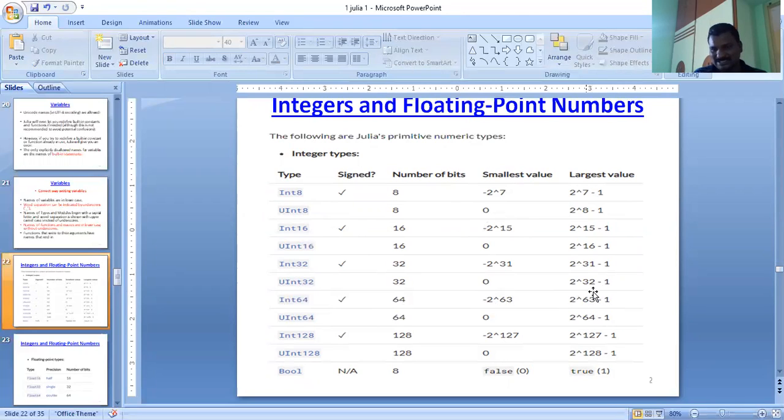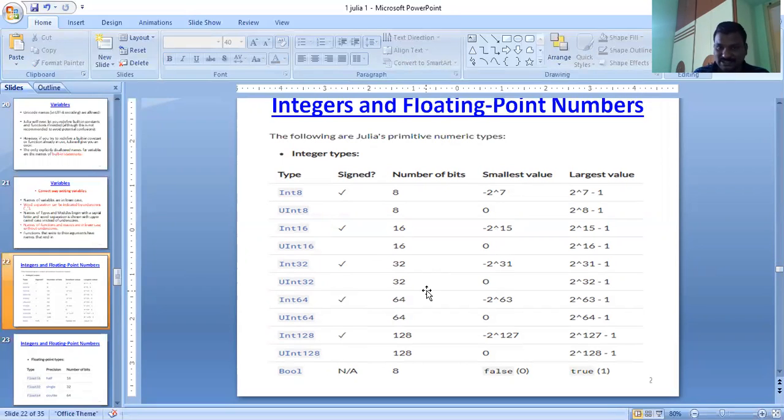For unsigned integers, the range goes from 0 up to 2 power 64 minus 1, and then comes Int128 and UInt128. Up to this, you have the different integer and floating point numbers.